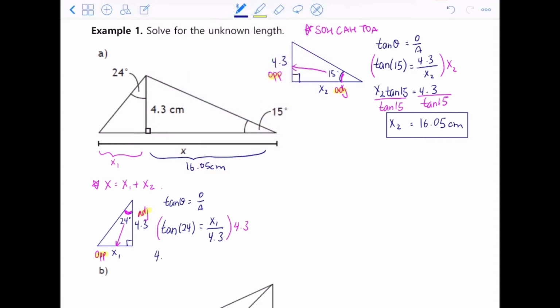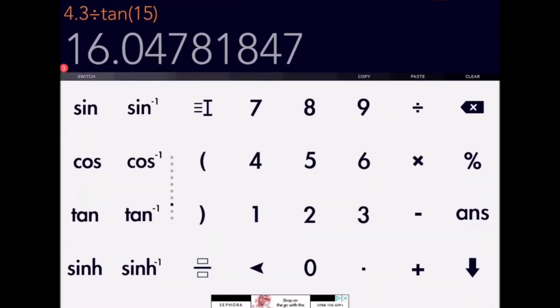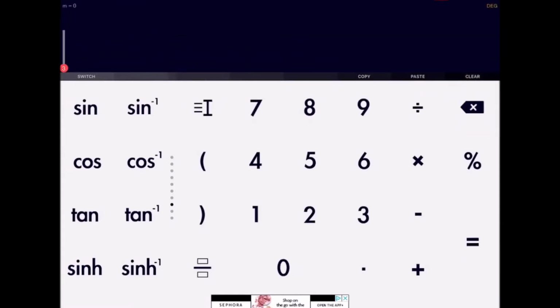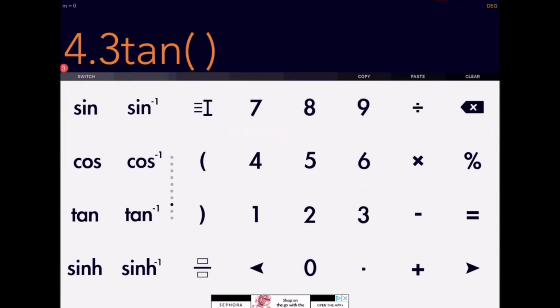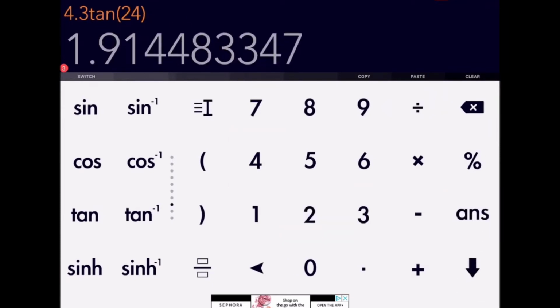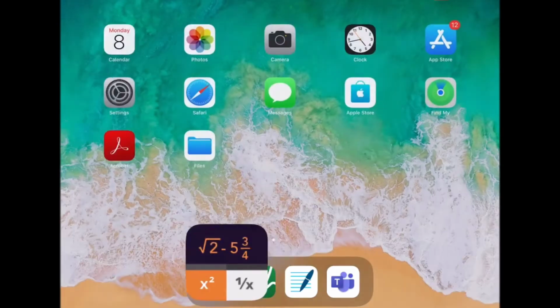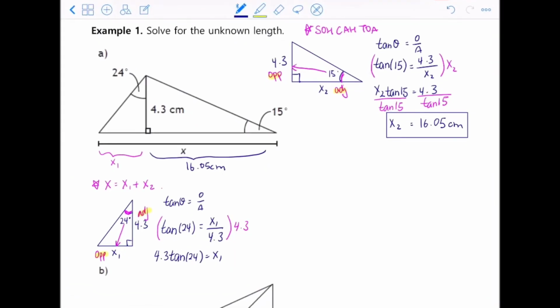So we have 4.3 times tan of 24 equals x1. 4.3 times tan of 24 equals 1.91. x1 equals 1.91 centimeter.